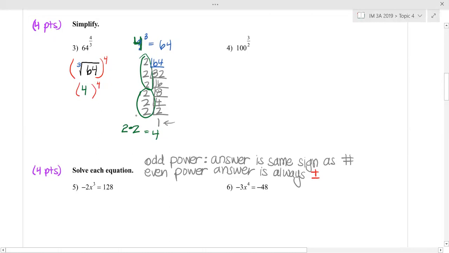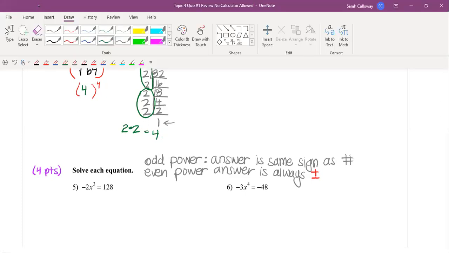Okay, so two different methods: either knowing that 4 is the cube root of 64, or doing a prime factorization and finding two groups of three 2s that I multiply together to get 4. So then finally, I have to evaluate 4 to the 4th power.